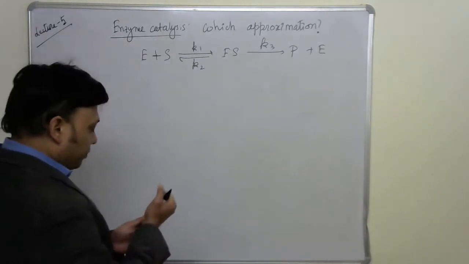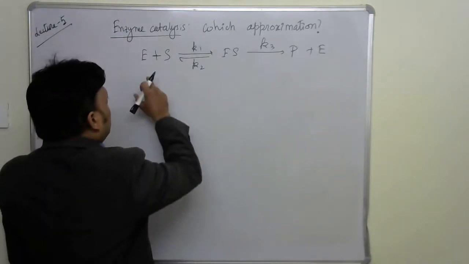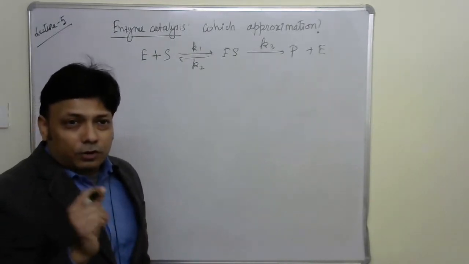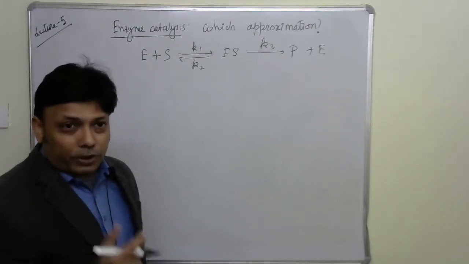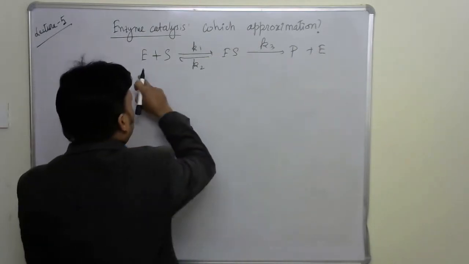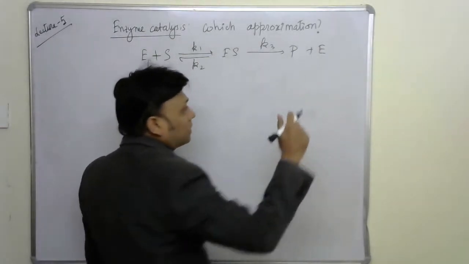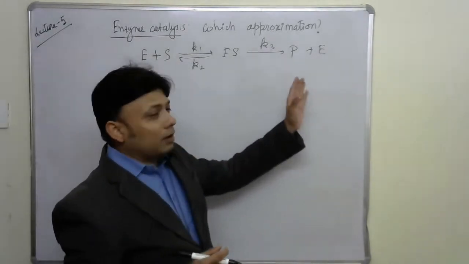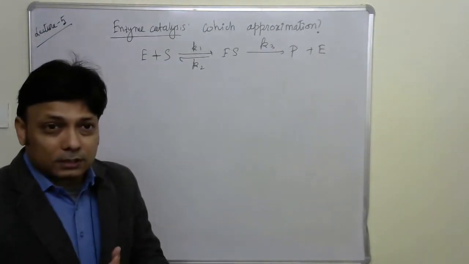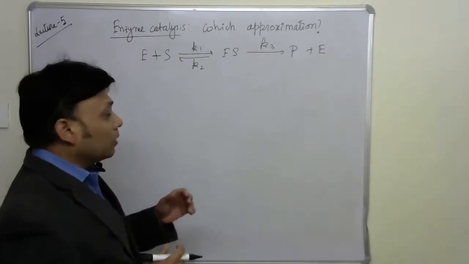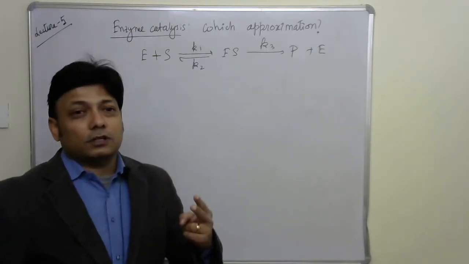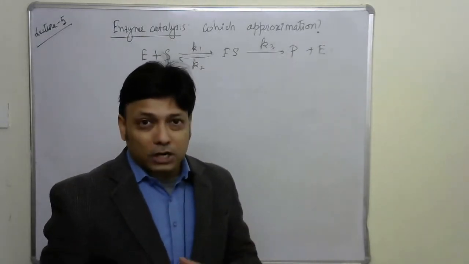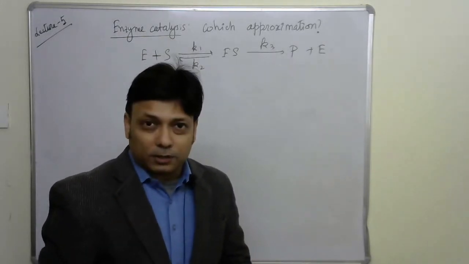So now you see the first step is a reversible reaction or opposing reaction, and from this end to this end it is a consecutive reaction. So this entire enzyme substrate mechanism involves two types of simultaneous reactions, a consecutive reaction and an opposing reaction.